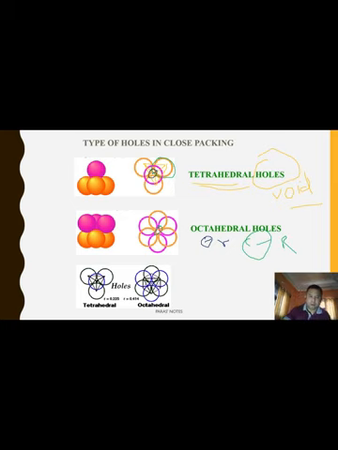As an answer, you can see marked here, in a tetrahedral void the relationship between small r and capital R is 0.225, whereas in case of octahedral it is 0.414. Now I am going to show you how these two values come.